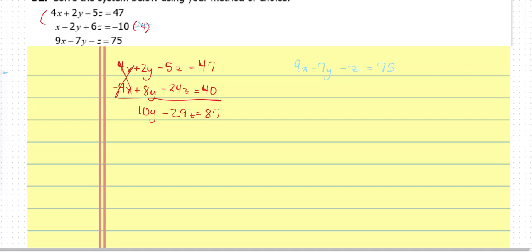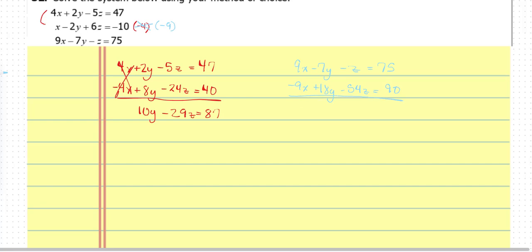I want to cancel out my x. That means I need to multiply, and I want to use the middle equation, multiply it by negative 9 to help me. So negative 9 times x gives me negative 9x. Negative 9 times a negative 2 gives me a positive 18y. Negative 9 times 6 gives me a negative 54z is equal to 90.